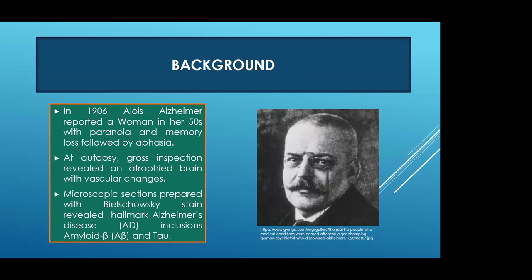When they did the autopsy after she passed, the gross inspection showed an atrophied brain with some vascular changes. But when they looked at the microscopic slides, they found for the first time those Alzheimer's disease hallmarks, what we know today as amyloid plaques and neurofibrillary tangles.